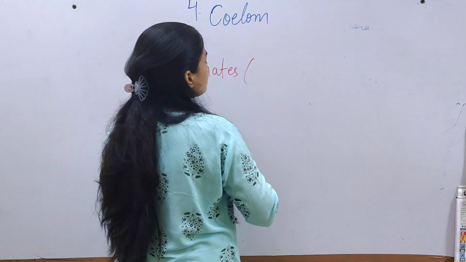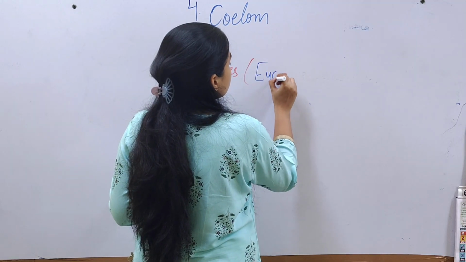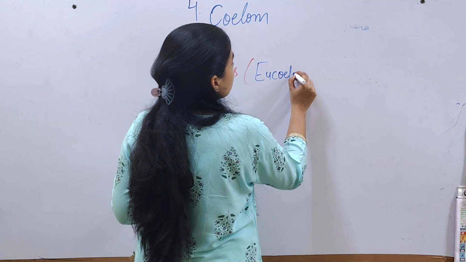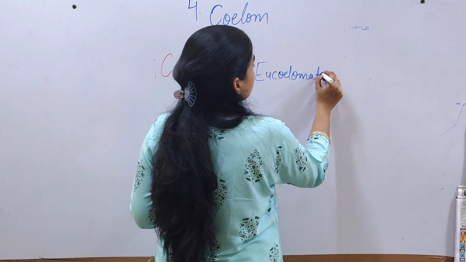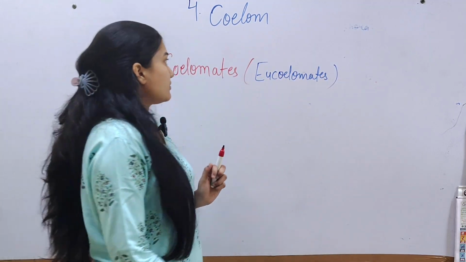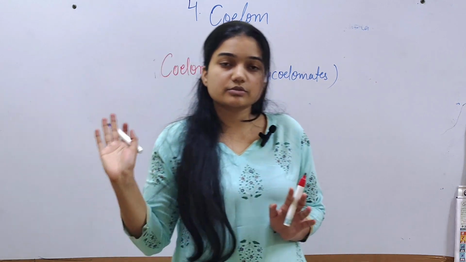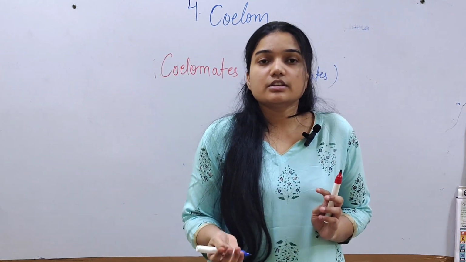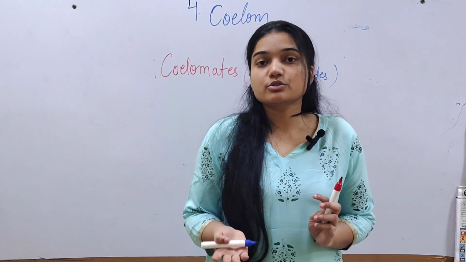And it is also known as eucoelomates. In coelomates, in this type of coelom, the body cavity arises from the mesoderm.